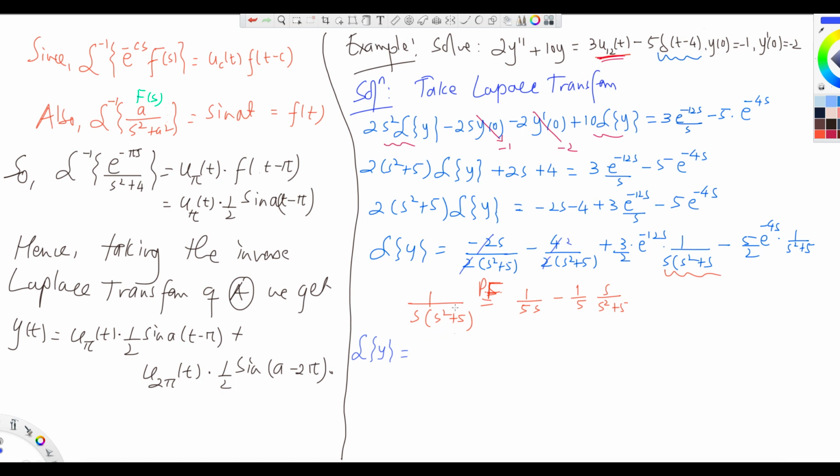And then all other things will stay same, so it will be negative s over s squared plus 5 minus 2 over s squared plus 5 plus 3/2 e to the negative 12s times, that thing is basically, you can take 5 out. So it will be 10, right? 3 over 10. So you will get 3 over 10 there.